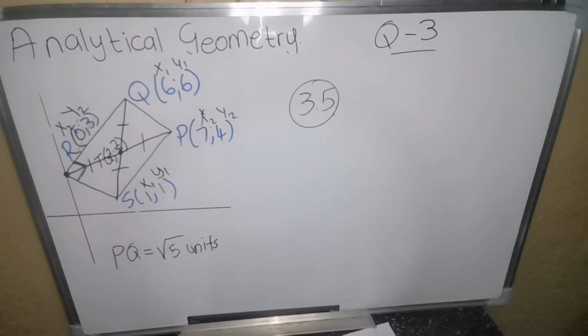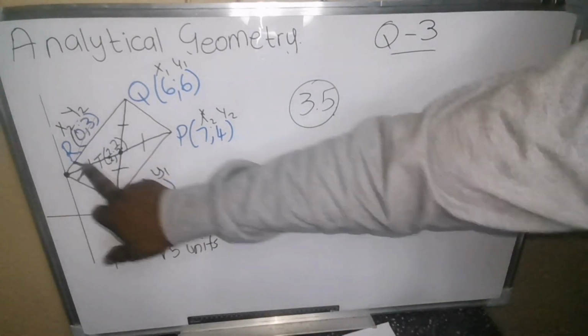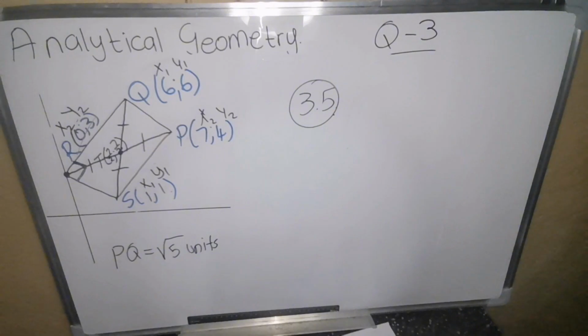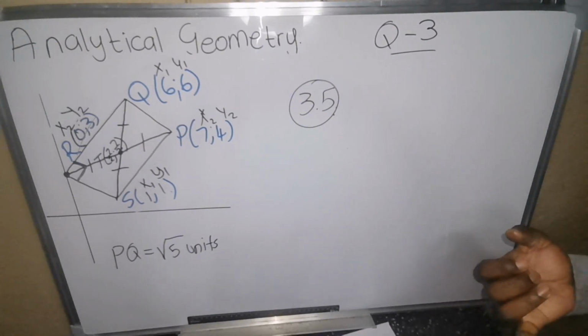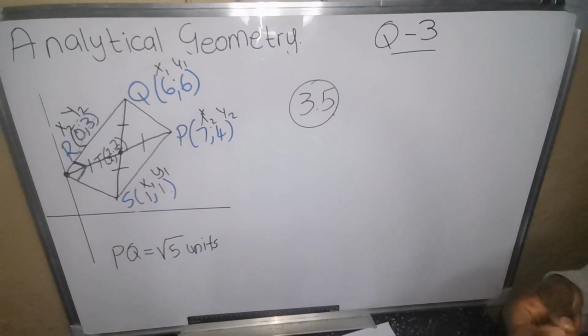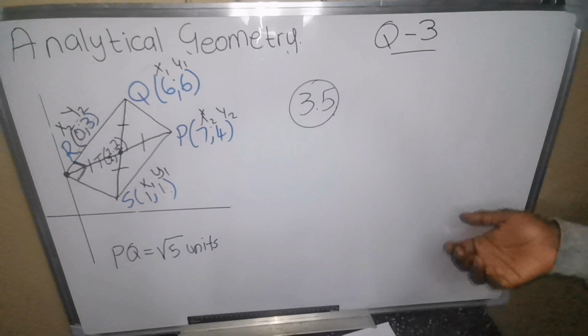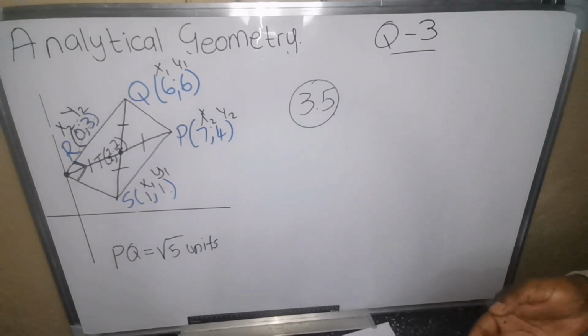Now 3.5 says, therefore it's 90 degrees. Then 3.5 says: hence what type of special quadrilateral is PQRS? They are asking what type of quadrilateral PQRS is. Remember the different types of quadrilateral: square, trapezium, kite, rectangle, parallelogram, and many others.